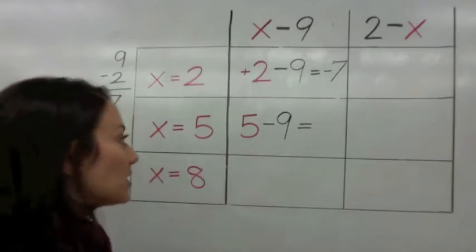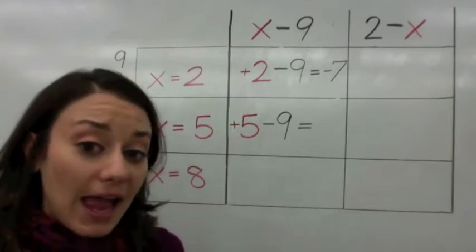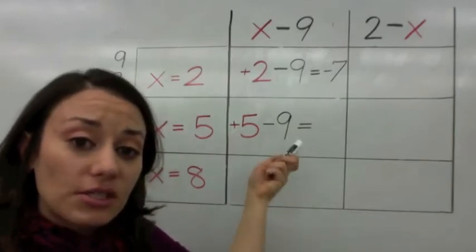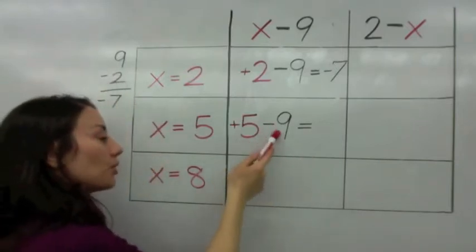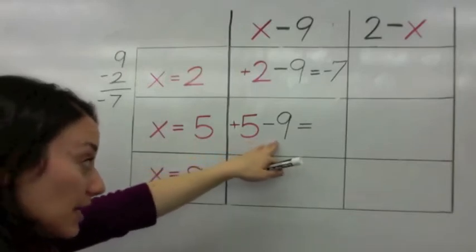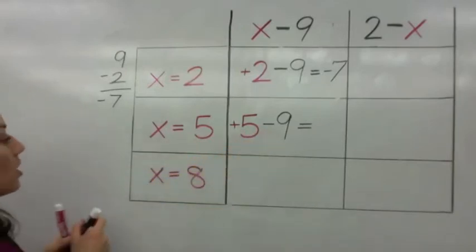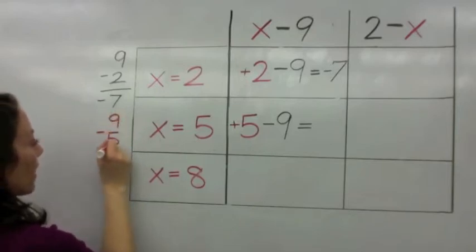So this is really a positive 5 and a negative 9. So you are adding integers here. I know this looks like subtraction, doesn't it? They're different signs, so you must subtract. You say 9 take away 5.